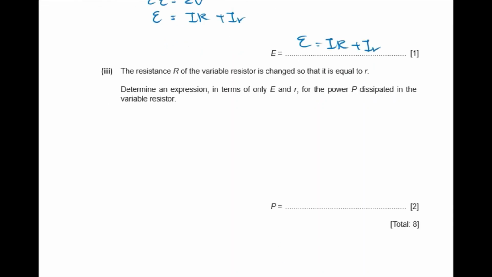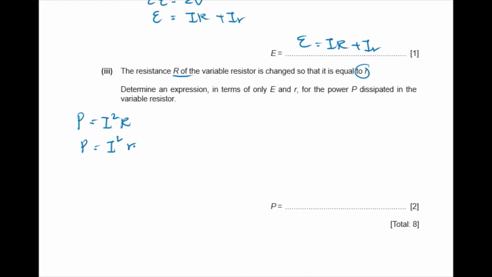C3. The resistance R of the variable resistor is changed so that it is equal to r. Determine an expression in terms of only E and R for the power dissipated in the variable resistor. Power dissipated, formula power equals I squared R. So power equals I squared R because R changed to r.